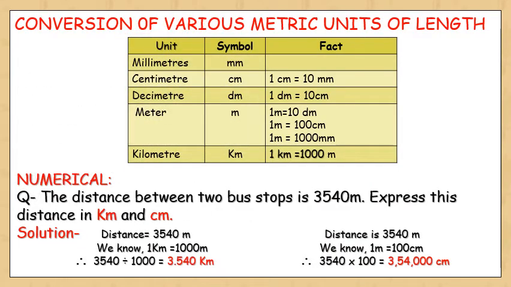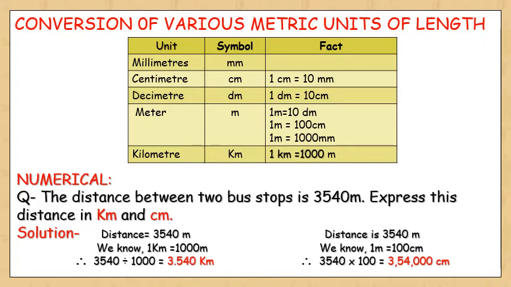Now, conversion of various metric units of length. Students, in this table, various metric units of length and the relationship between them is given. So, let us read the table. Now, in this table, the various units of length are millimeters, centimeter, decimeter, meter, and kilometer.